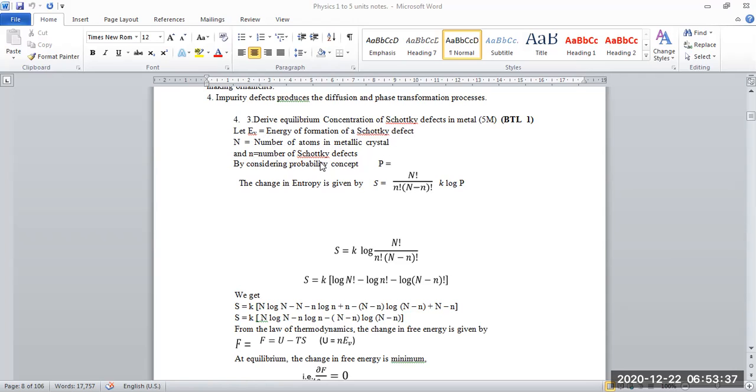Now we don't know exactly how to evaluate the number of Schottky defects. So we just take a probability concept, which says that S is equal to k log W. As I said, there will be a heat formation.